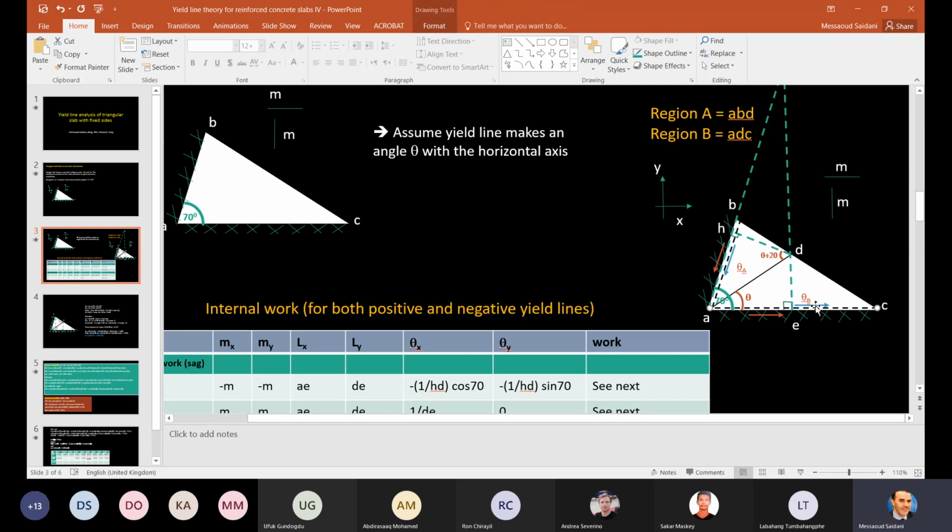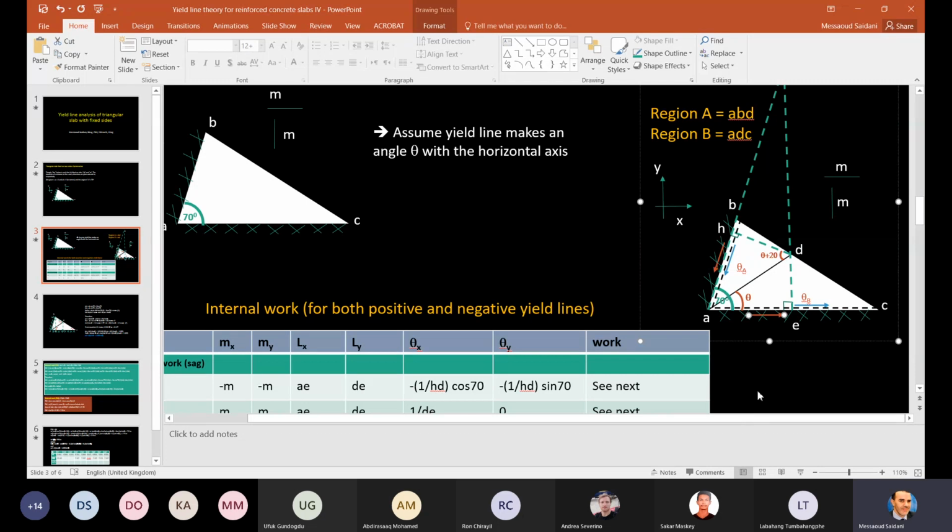These are the rotation vectors, this here in blue. Then you have got the moment vectors for the fixed sides here.